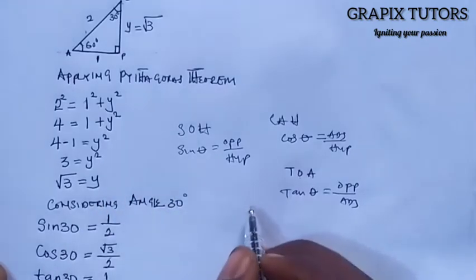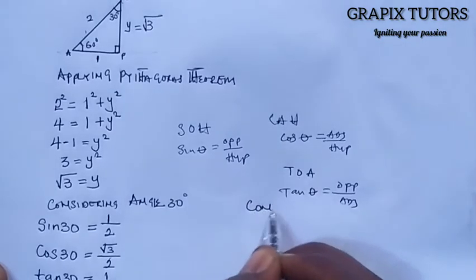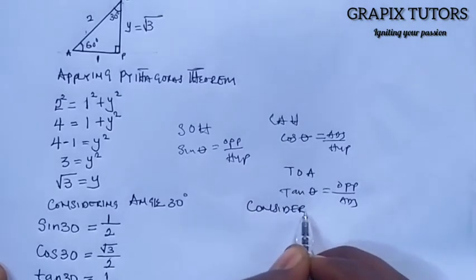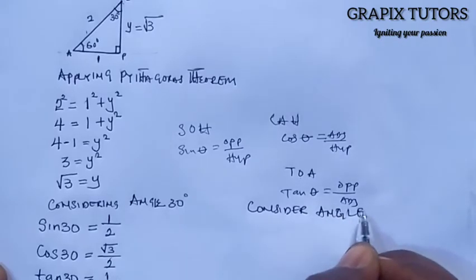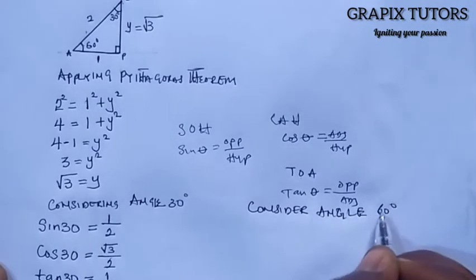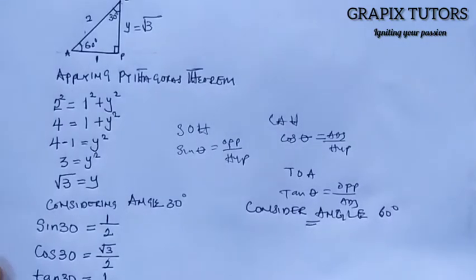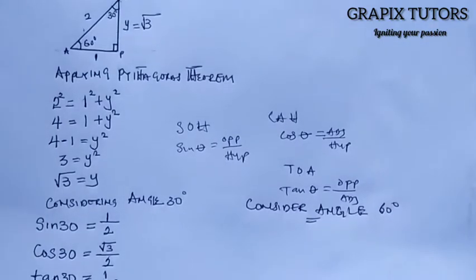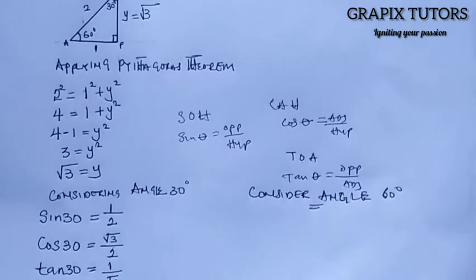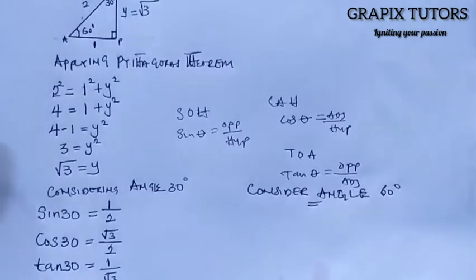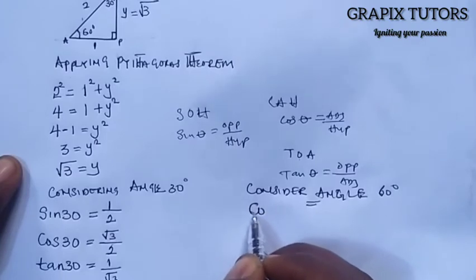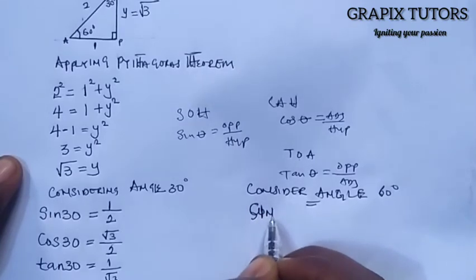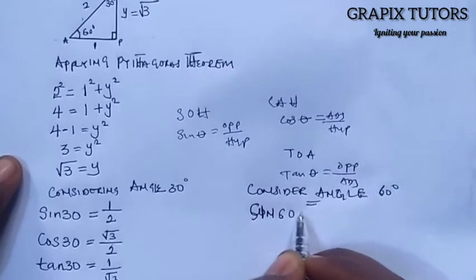Now what about when we consider angle 60 degree, right? We want to consider angle 60 degree. So if you are considering angle 60 degree, that means we're looking for what? Sine 60, right?